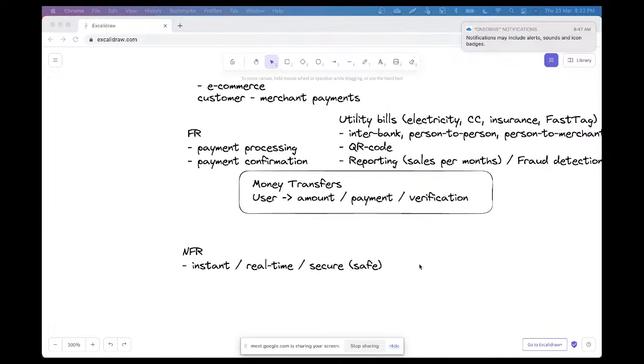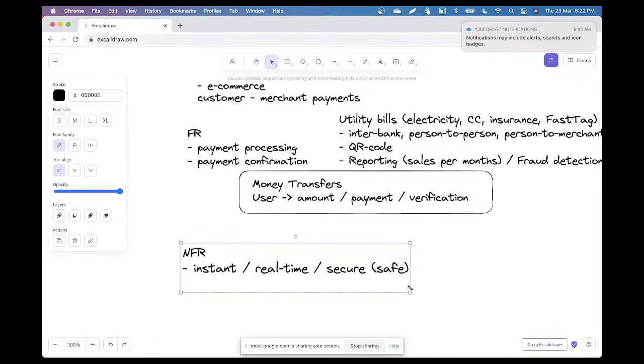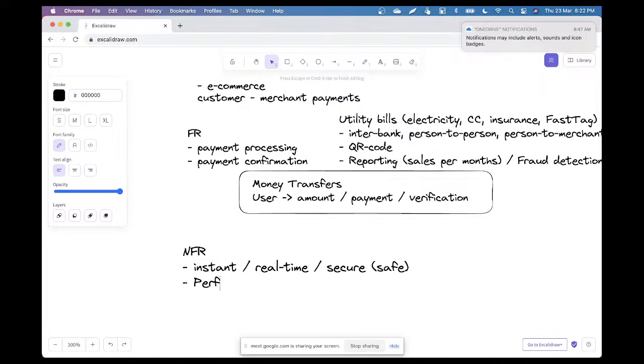And now let's go in depth into the non-functional requirements. First and foremost, we covered a few non-functional requirements, which were around performance and security. Definitely performance is important, because you will not only have a few customers, you will have millions and billions of users.